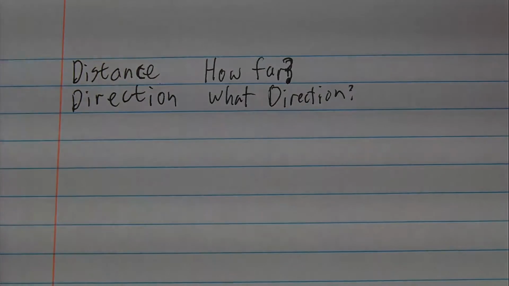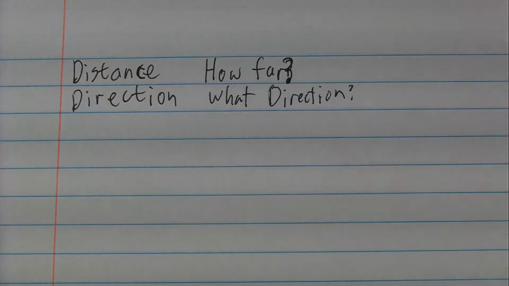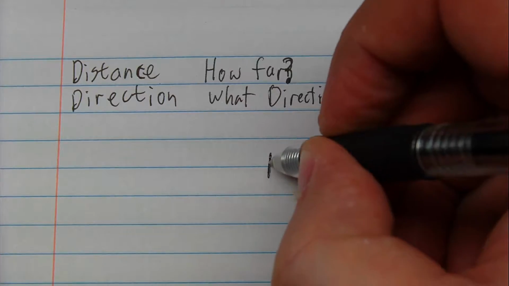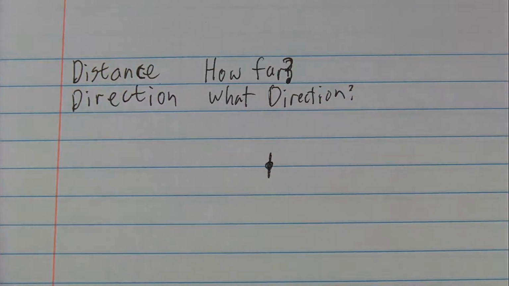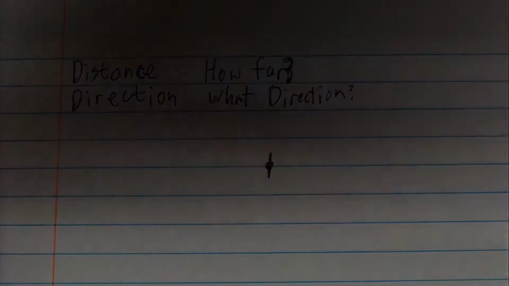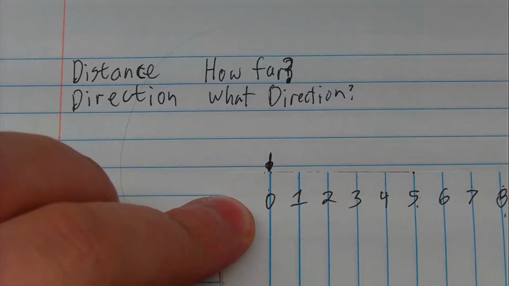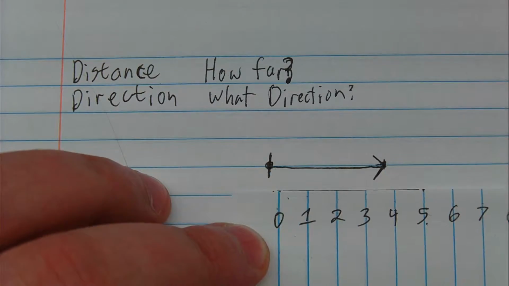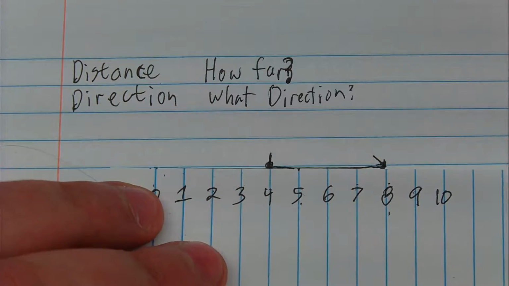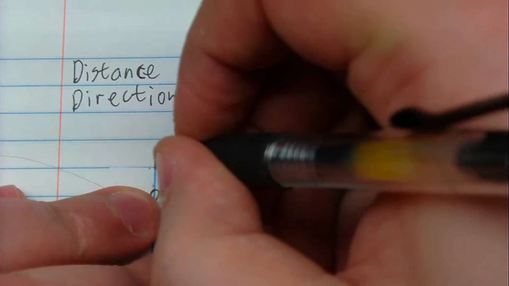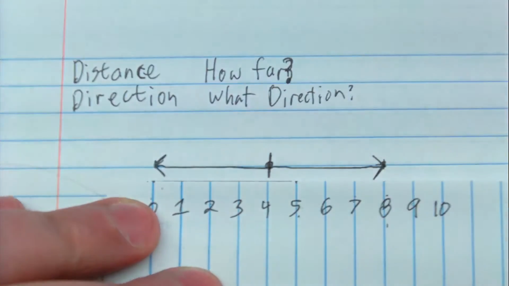When we take a measurement, it's fairly easy to say, okay, that's distance. But if we start at this point and we go, say 4, we end up at a very different place than if we go 4 that direction.